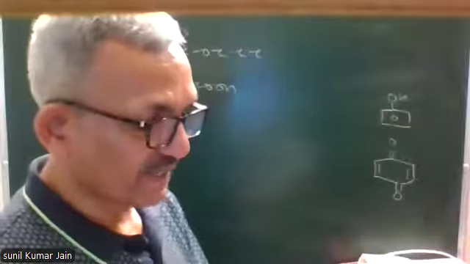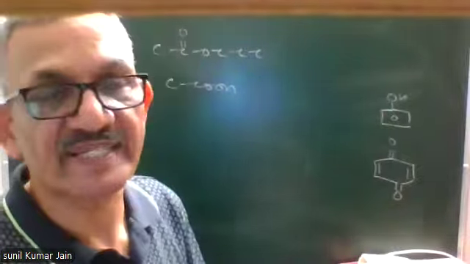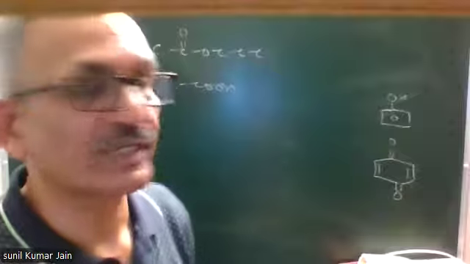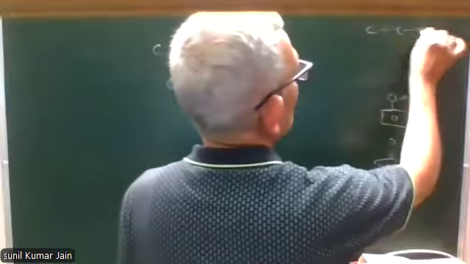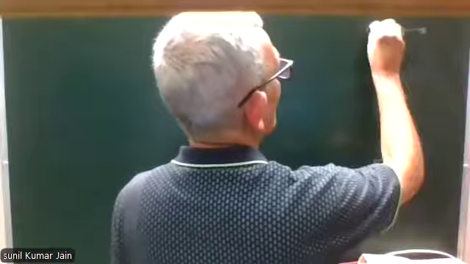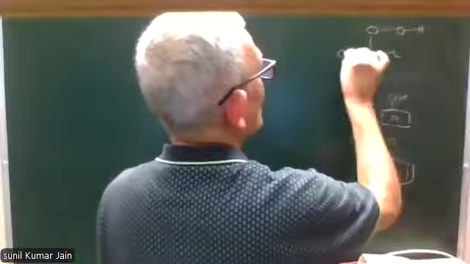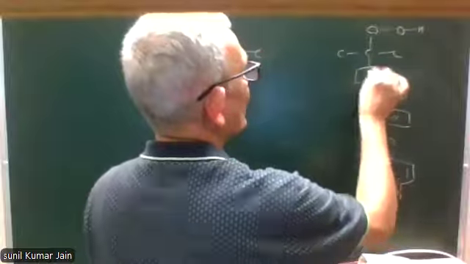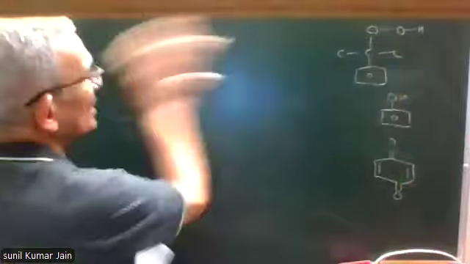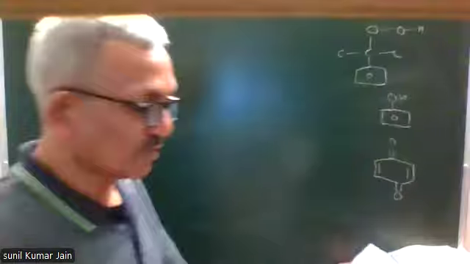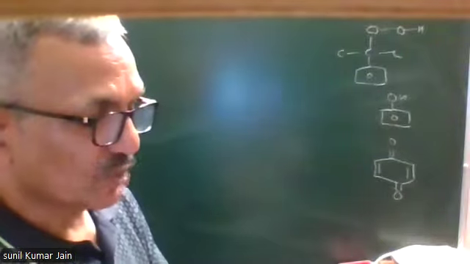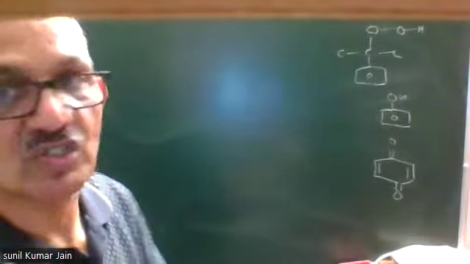And this E is obtained by the reaction of D with dilute sulfuric acid. It means this is cumene hydroperoxide. This is cumene hydroperoxide, that is D. This is obtained by the reaction of C with oxygen.